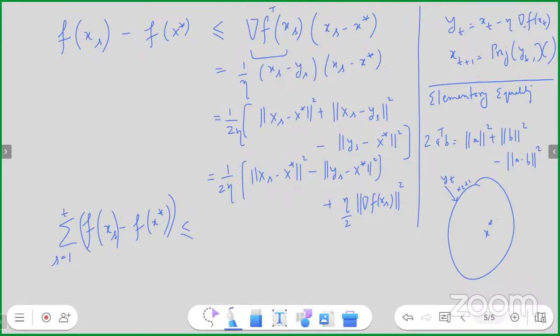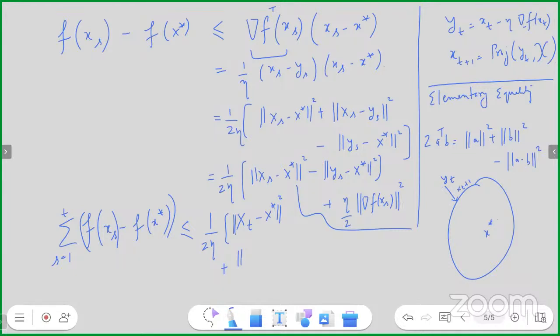Just tell me that. So 1 by 2 eta, xs by xs. If it's telescopic, the first and the last should survive. Which is the first term? xt minus x star, plus y1 minus x star. y1 or x1?